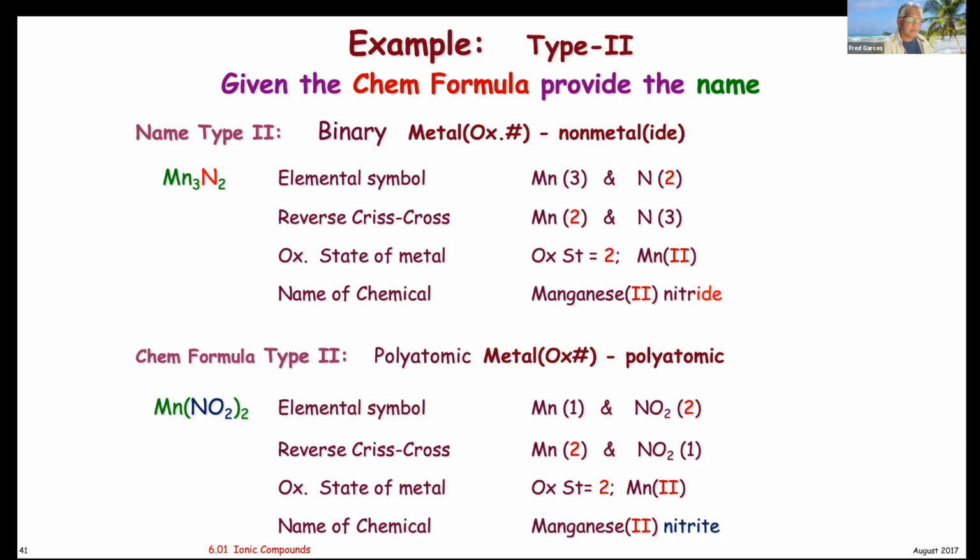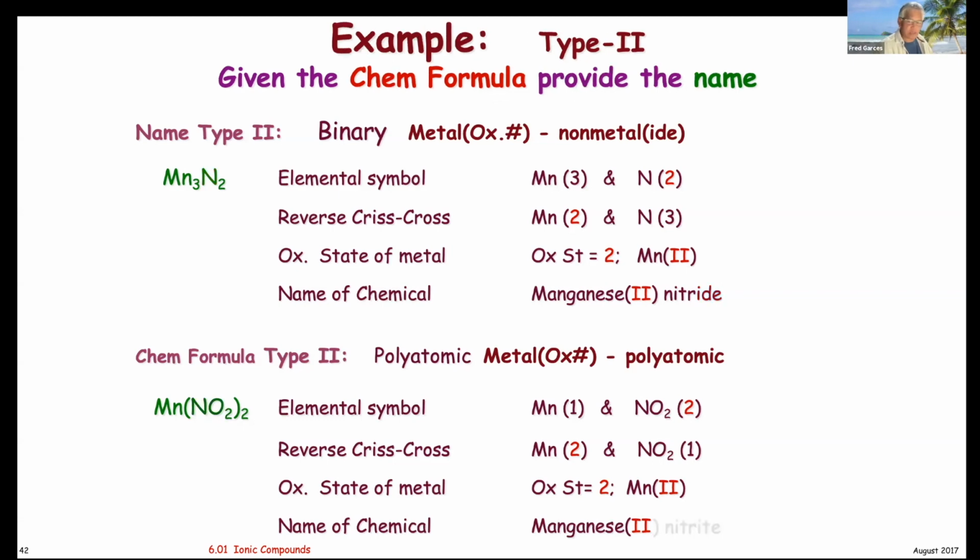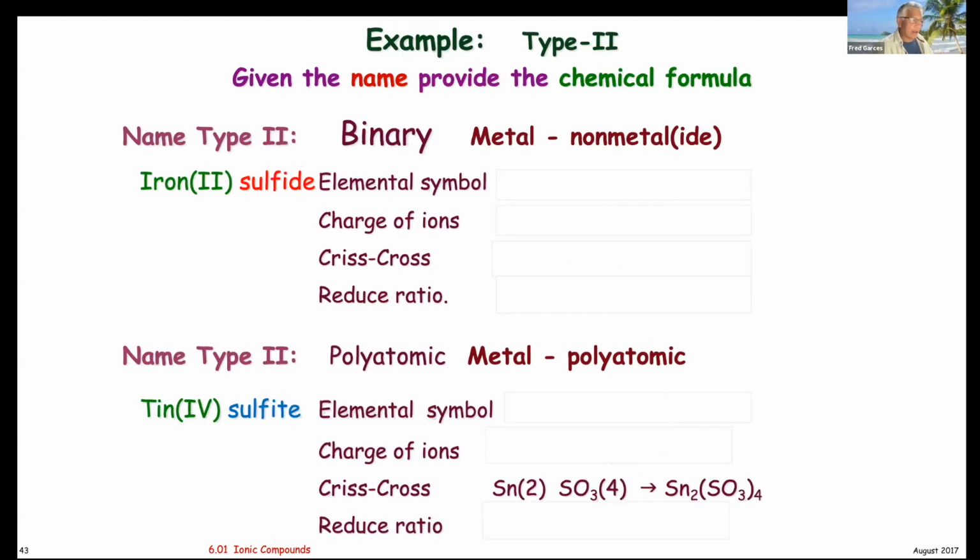Okay. Let's take a look at this next one. I'll actually go through each scenario. Let's take a look at iron(II) sulfide. The symbol for iron is Fe. The symbol for sulfur is S. We know that the iron, according to that name, is +2.